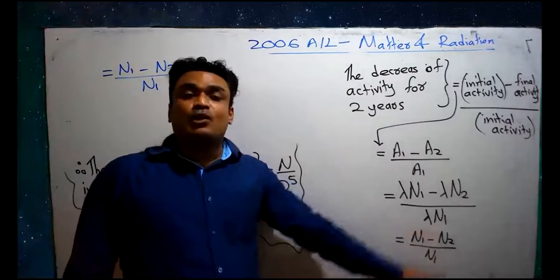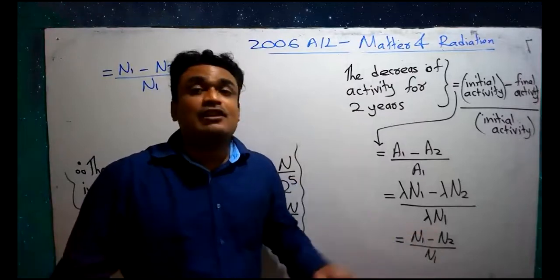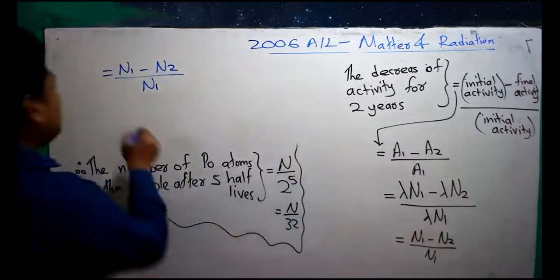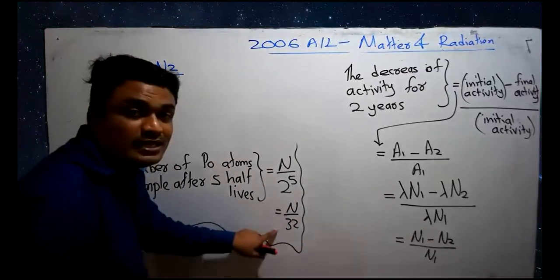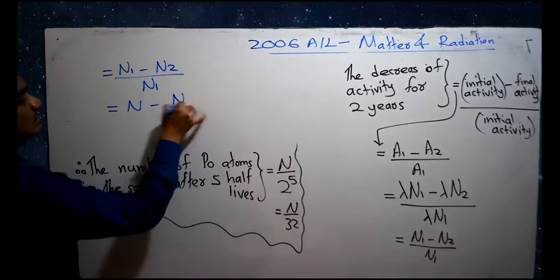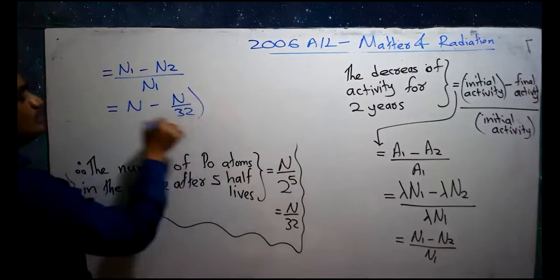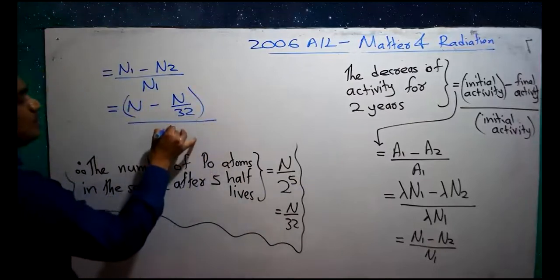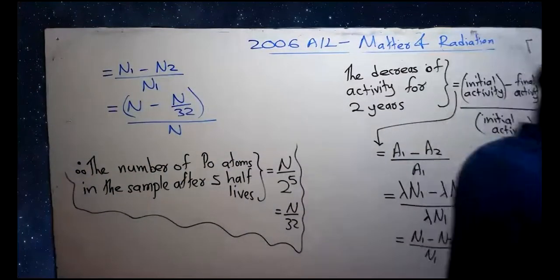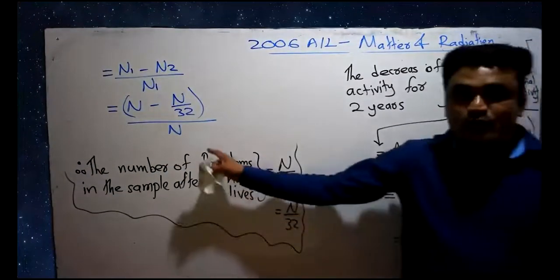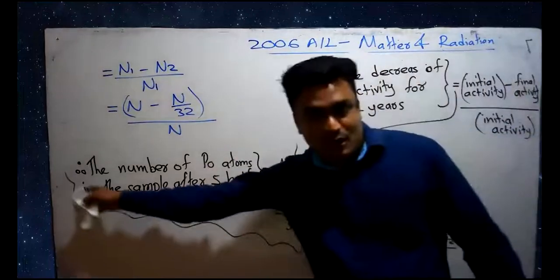N2 is the number of polonium atoms in the same sample after 2 years. N1 is N, N2 is N over 32, divided by N1, which is again capital N. That's how we simplify.